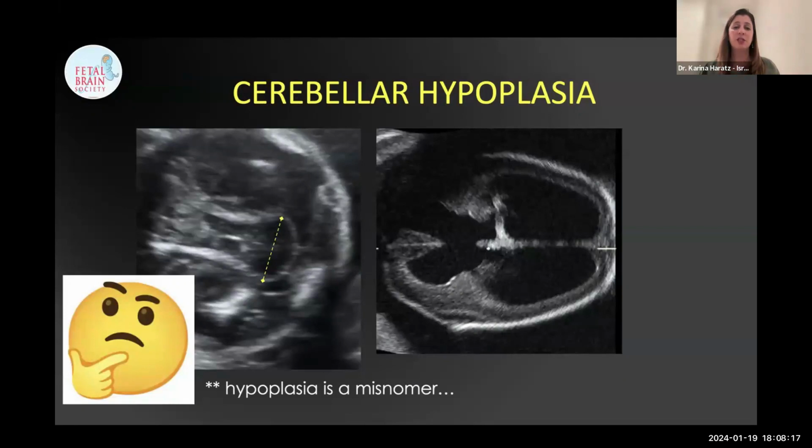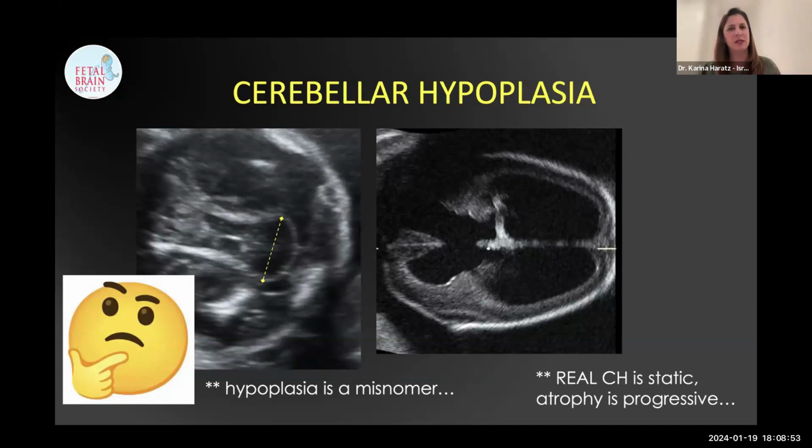And again, hypoplasia is a misnomer in this very heterogeneous group of diseases. And although I am the lecturer, I want to pose a question, as I have the honor to be here together with many exceptional experts in the field, not only in the panel, but also in the audience, because the postnatal literature says that cerebellar hypoplasia is a static diagnosis, atrophy is a progressive diagnosis.